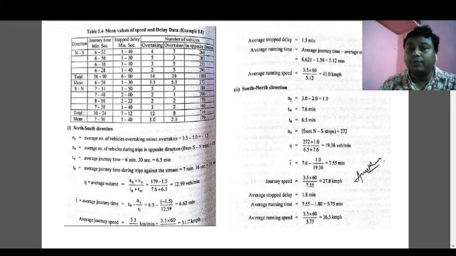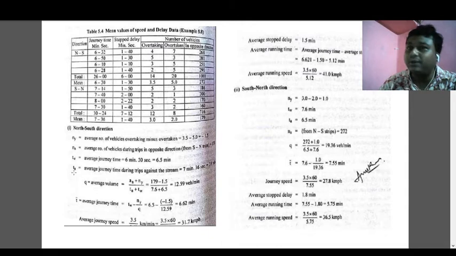Next, Na, the average number of vehicles during the trip in the opposite direction. This is one of the vital parameters you have to keep in mind. Maximum students make some error at this point itself.